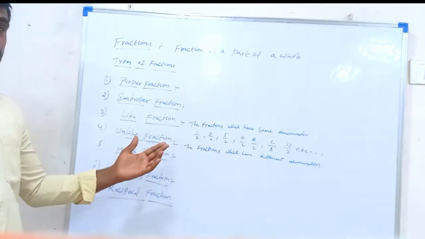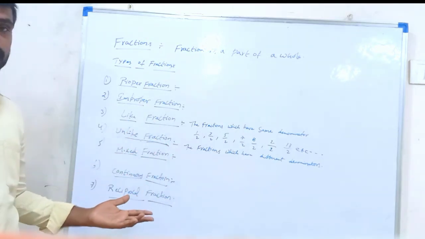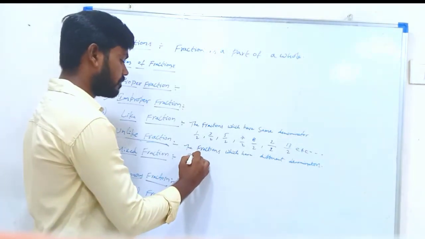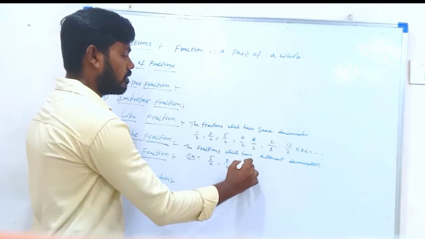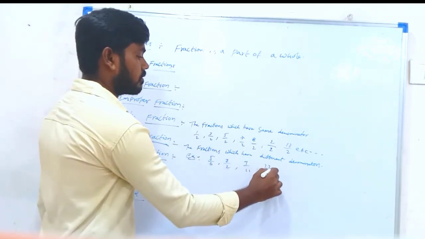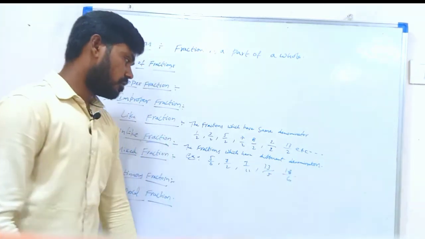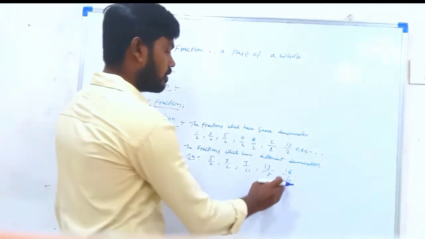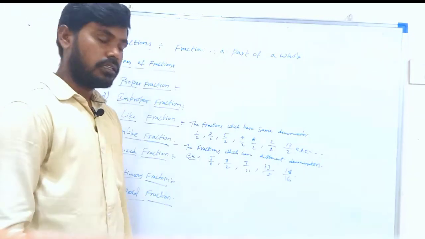If you see what we wrote previously as proper fraction or improper fraction, they are all considered unlike fractions. If you take examples, 5 by 6, 8 by 2, 9 by 11, 13 by 5, 18 by 6. Like this, these are all known as unlike fractions.